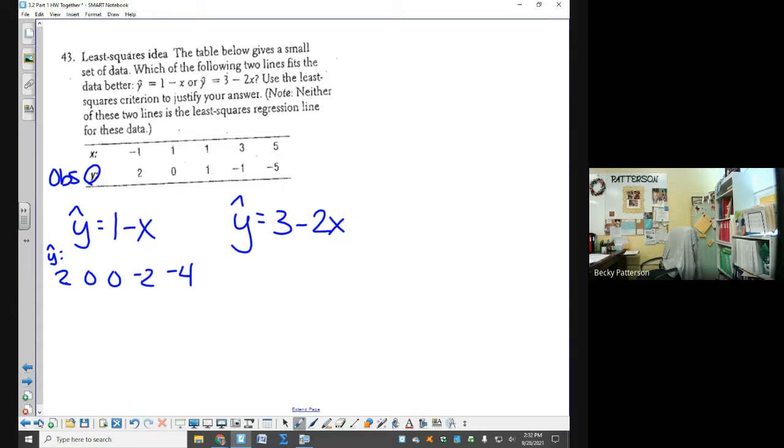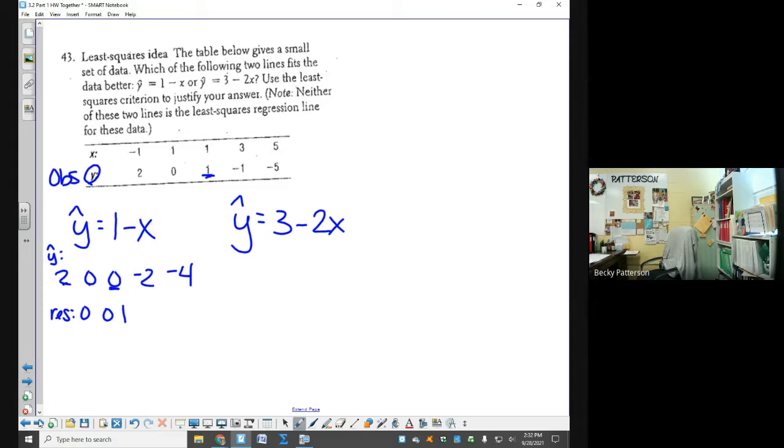Now, what are his residuals? Residual is who minus who? Y minus y hat. So what's 2 minus 2? What's 0 minus 0? What's 1 minus 0? 1. The third observed minus 0, the third y hat. What is 1 minus 0? 1.